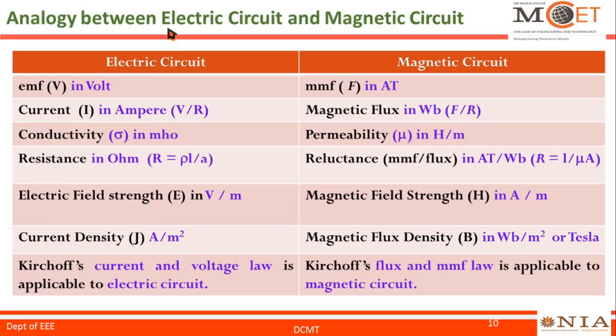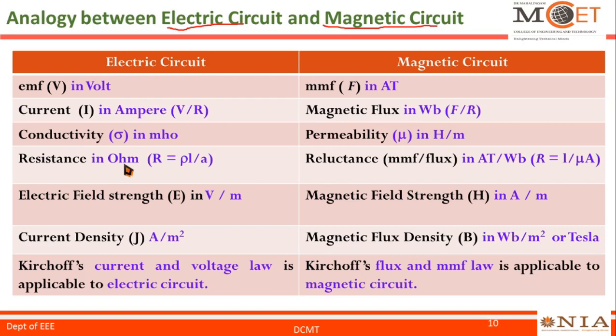Here we discuss the analogy between electric circuit and magnetic circuit. Electromotive force in an electric circuit is analogous to magnetomotive force in ampere turns in a magnetic circuit. Similarly, current in ampere is analogous to magnetic flux in Weber. Conductivity in mho is analogous to permeability in Henry per meter.